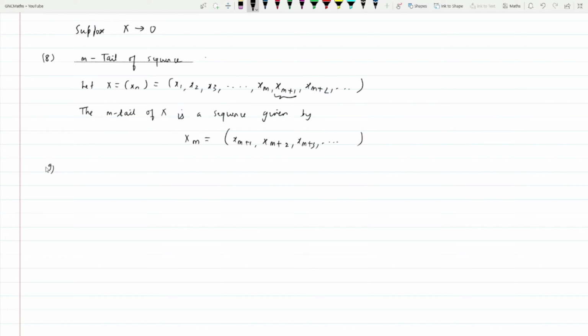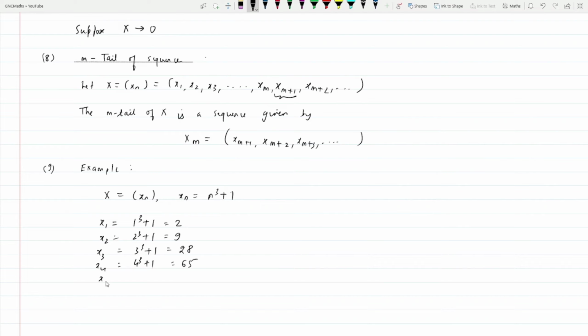Let us see a quick example for the same. If I define sequence x as xn and I put the rule for xn as n cube plus 1, let us first work out the initial terms of the sequence. You can see that x1 is going to be 1 cube plus 1, which is 2. x2 is 2 cube plus 1, which is 9. x3 is 3 cube plus 1, which is 28. x4 is 4 cube plus 1, which is 65.